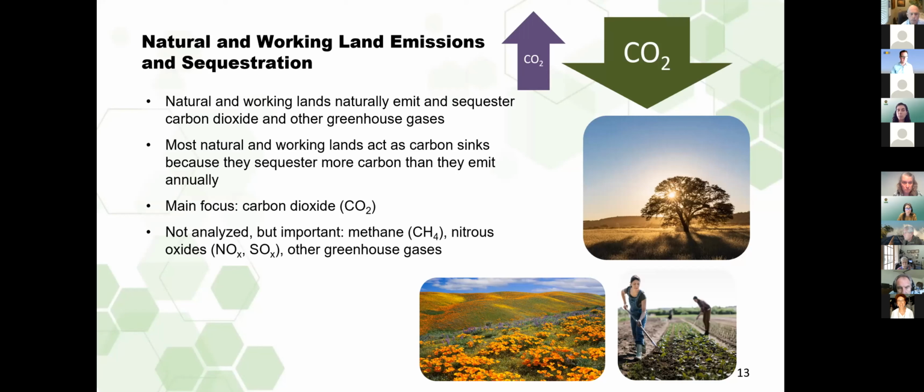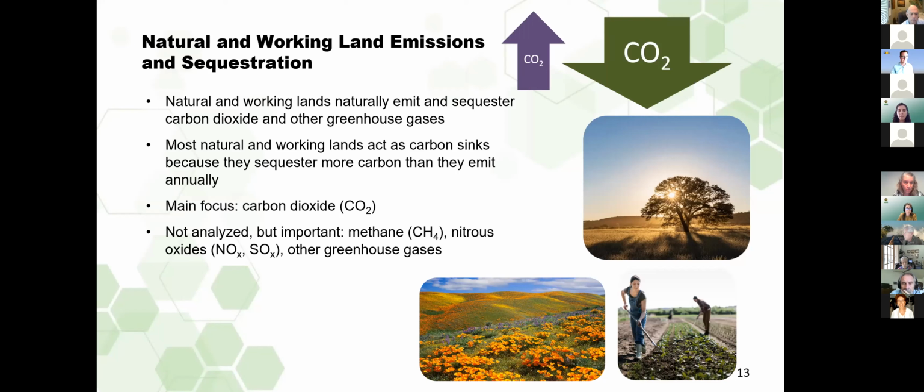Other gases like methane and nitrous oxides are sequestered, but at a much lower rate. Similarly, natural and working lands emit other greenhouse gases like methane and nitrous oxides, but at a lower rate, and which contribute less to overall atmospheric warming when compared via carbon dioxide equivalent.